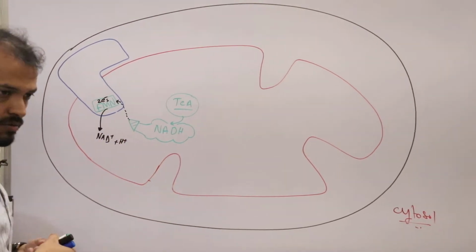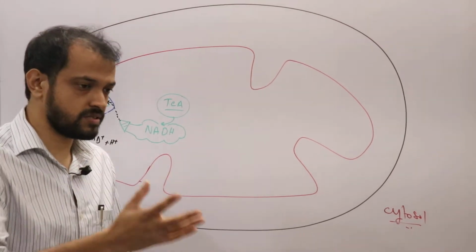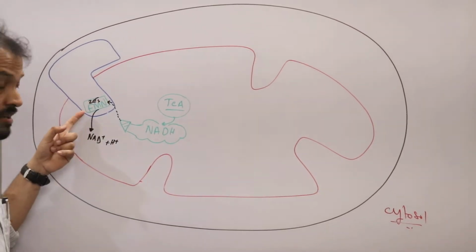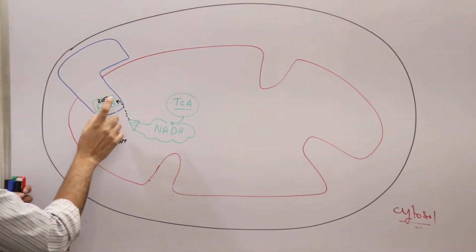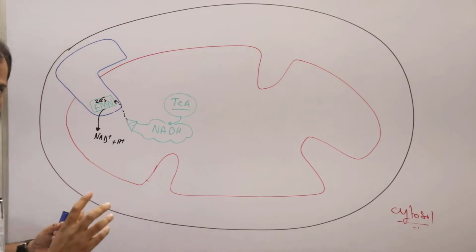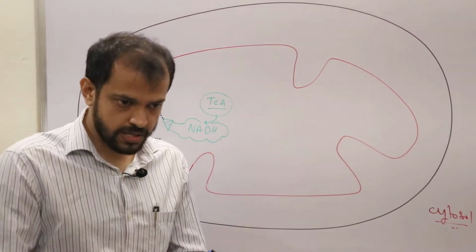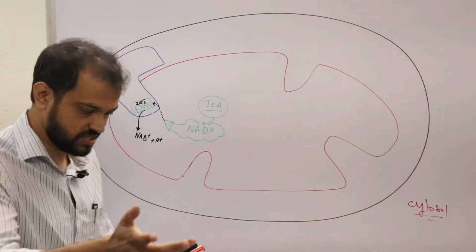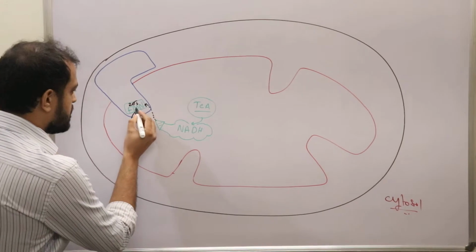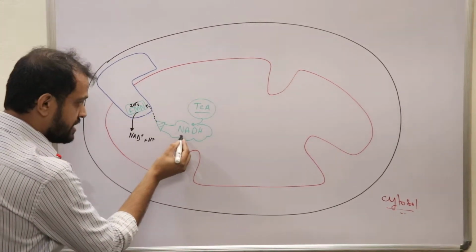When FMN is reduced, what is the basic important concept related to oxidative phosphorylation, sorry, the ETS? When a particular prosthetic group of a protein is oxidized or reduced, then in the next event it will be oxidized or reduced in the opposite way. What is the meaning? FMN in this case has been reduced by the addition of electrons from NADH.